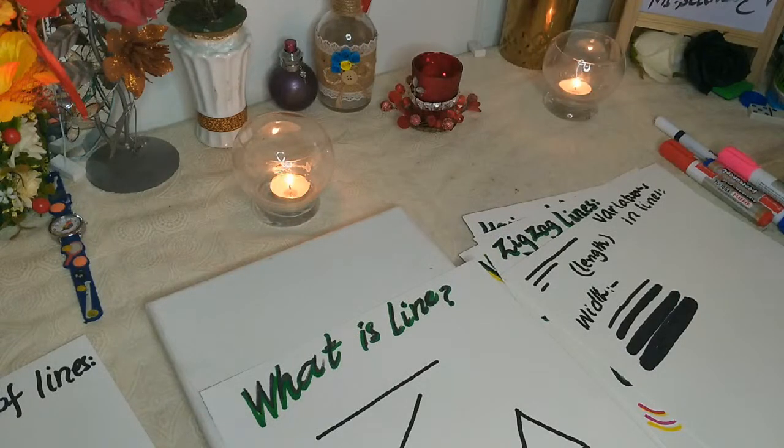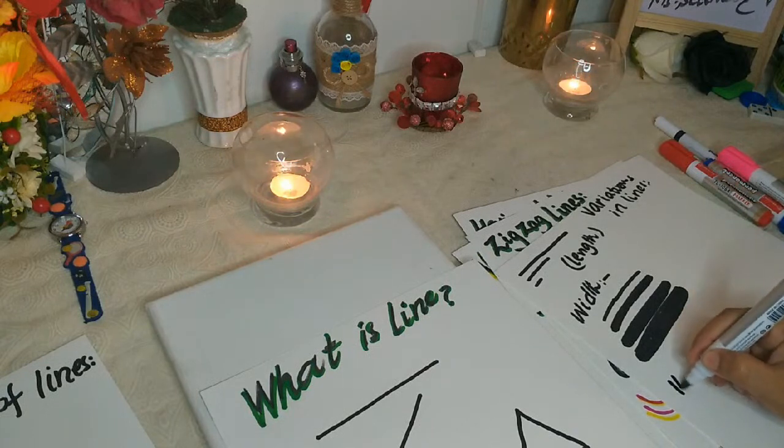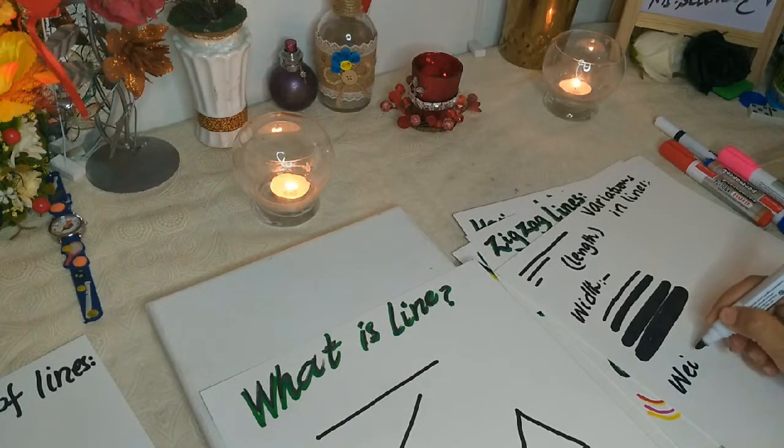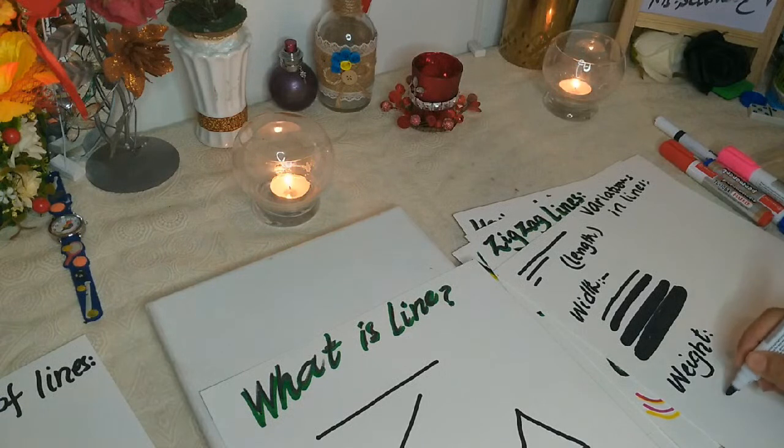And then weight. Weight in lines means the continuous change of width by varying the weight. One can capture energy, movement, and even suggest when one object is in front of the other. So this weight can also be shown using lines.